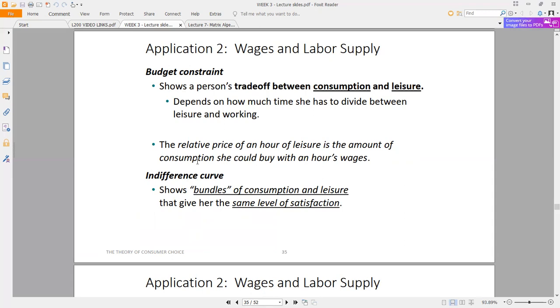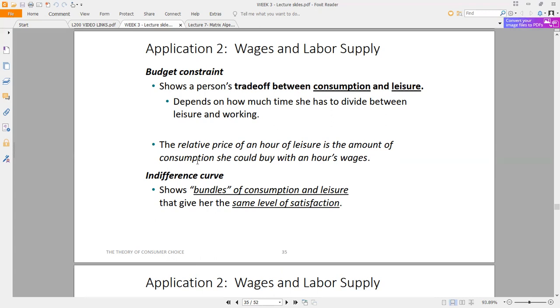So this is the budget constraint, and it depends on the number of hours that you have in a day. You are dividing this number of hours between leisure hours and working hours. Now, if you want to know the cost of leisure, the price of leisure for each hour that you take to enjoy leisure, what is the cost of it?